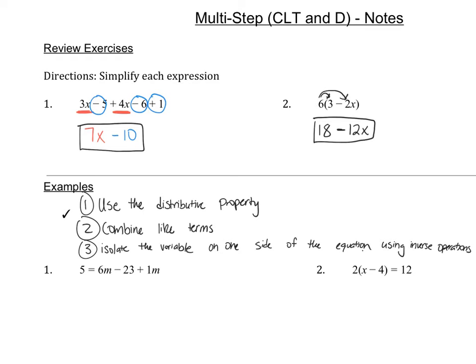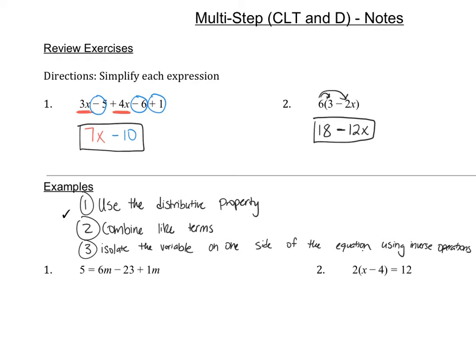The second step is after you distribute, that is when you're going to combine like terms, if you can. The third step is then you are going to isolate that variable on one side of the equation using inverse operations. So we're going to solve for the variable as our last step, kind of like we were doing in our last unit solving basic equations. So we're doing that again, we're just taking this one step further this unit.